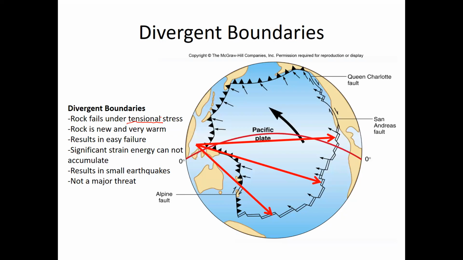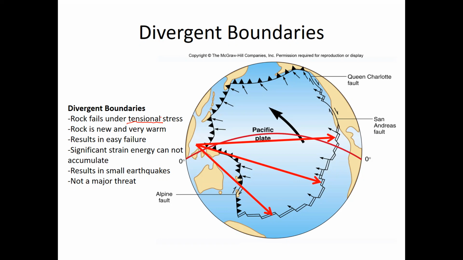As a result, it doesn't allow for a large amount of energy to accumulate in the rock before it fails. And so we saw in our last lecture that the size of the earthquake is proportional to the amount of energy that's able to be stored in the rock through the elastic deformation of the rock before it is able to return to its original shape during rupture.